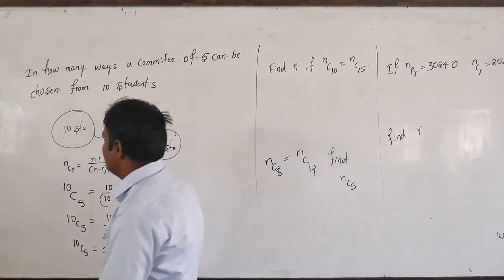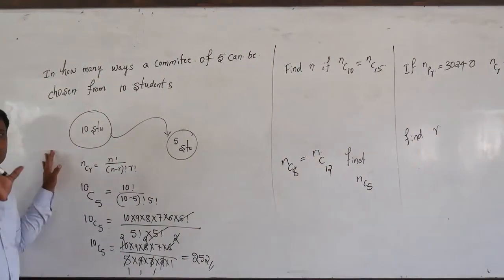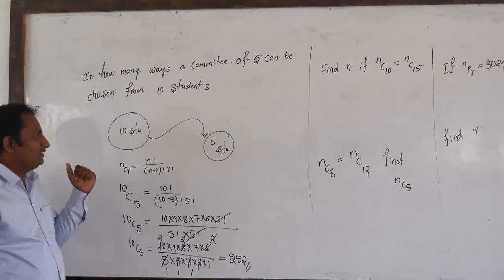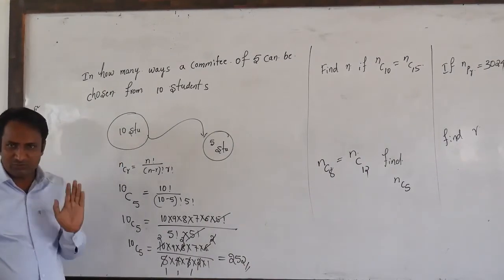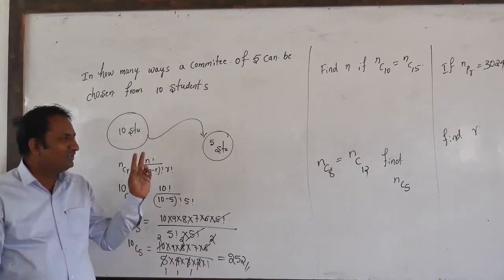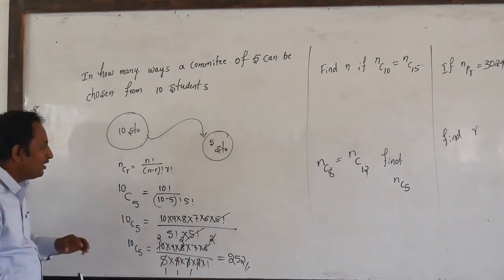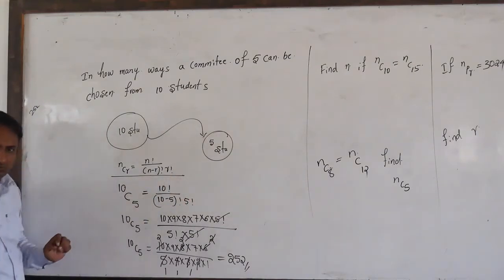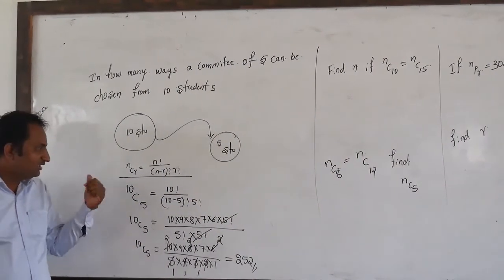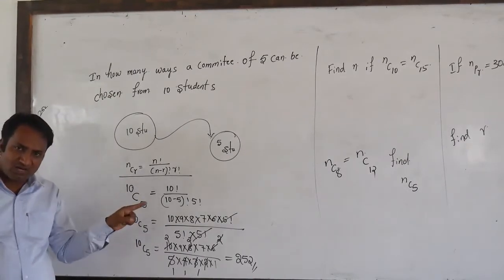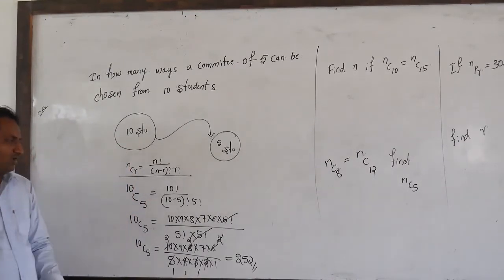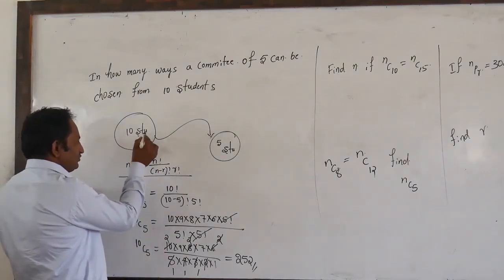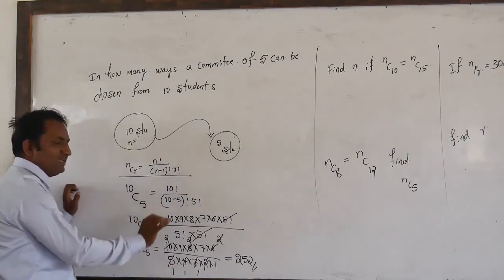Here there are 10 students available to choose from, and out of 10 students we can choose only 5 students. We know the formula nCr is equal to n factorial divided by (n minus r) factorial into r factorial. The total available students is 10, so the n value is 10.